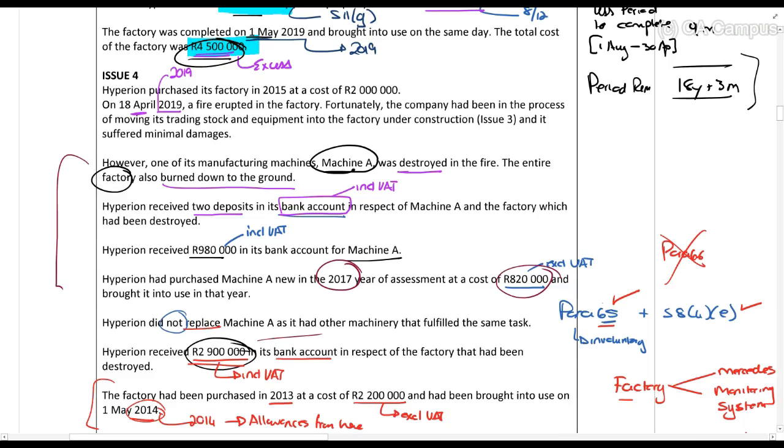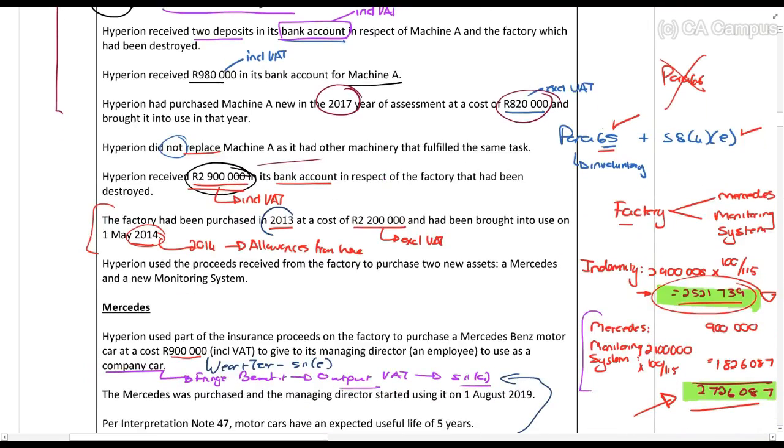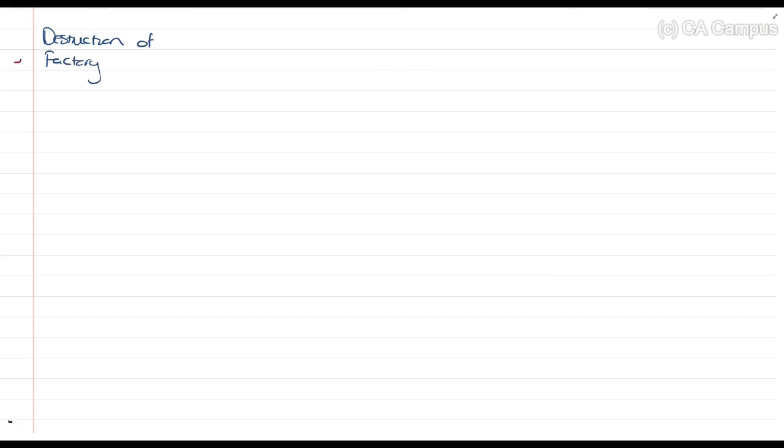Let's compare that now to the next part. Now it is the destruction of the factory. Okay, so the factory was purchased in 2013, but we only started using it from 2014 for 2.2 million rands. So cost 2.2 million rands. Next section 13. So this is from 2014 until 2018, the previous tax year.